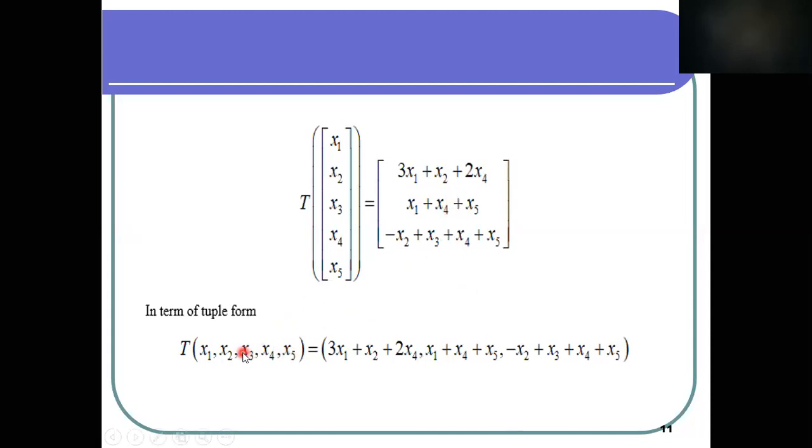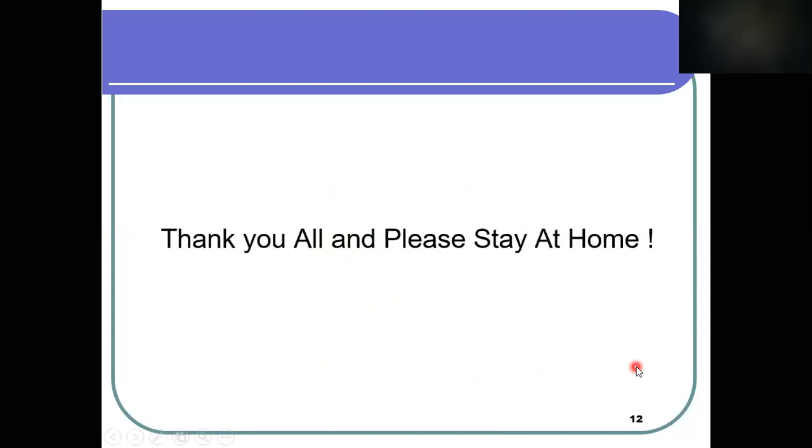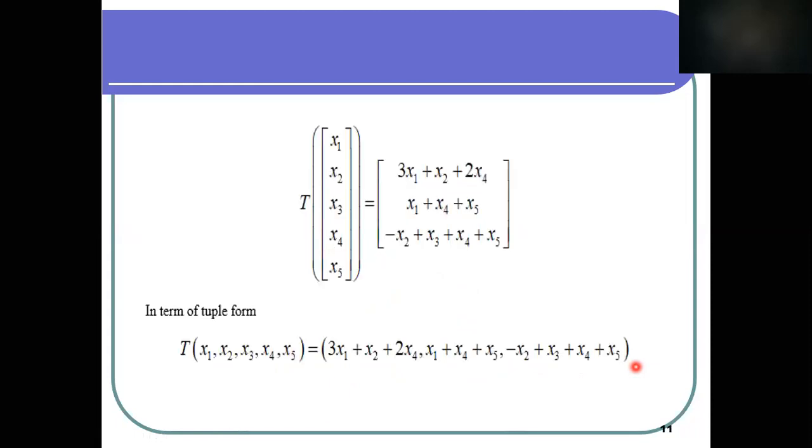In that case, it can be written in the form of a triple, that is T of (x1, x2, x3), where this is the first coordinate of this linear transformation, this is the second coordinate, and this is the third coordinate. So ultimately, a five-dimensional input is mapped onto three-dimensional output vectors. So this is one of today's topics in class about the matrix of a linear transformation.